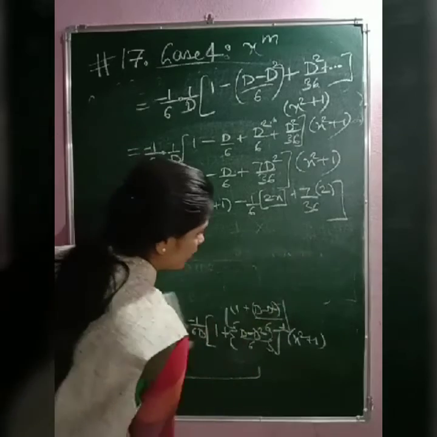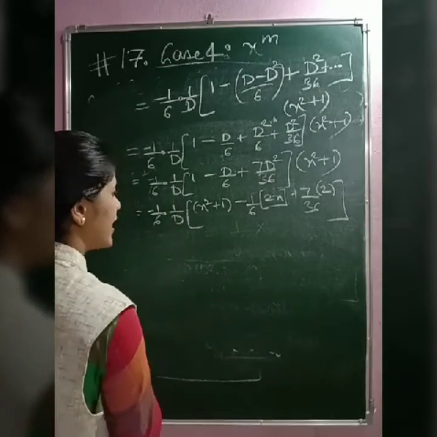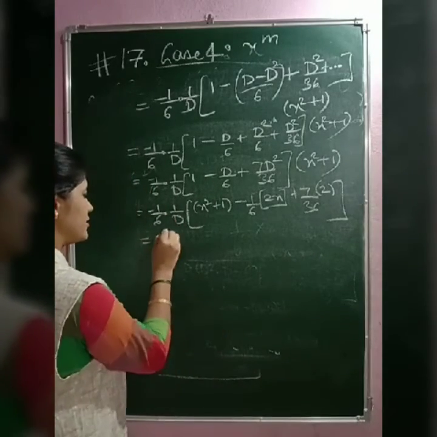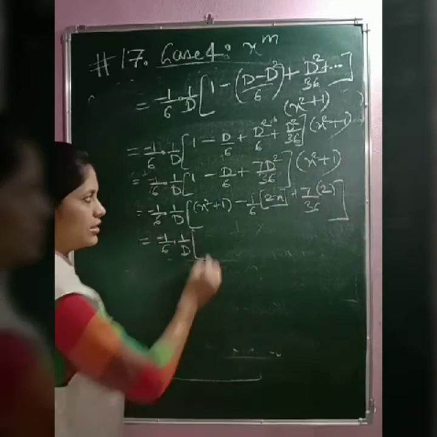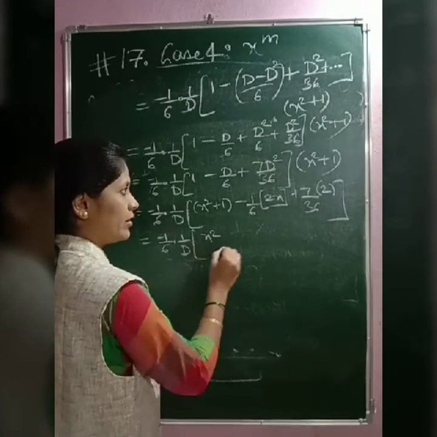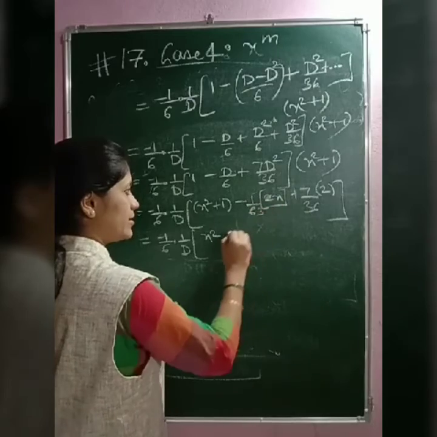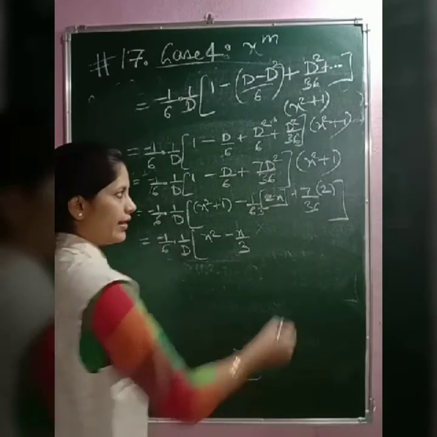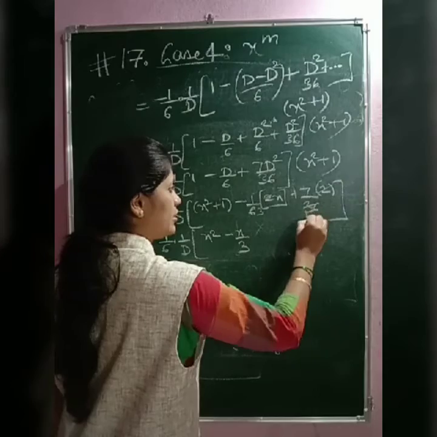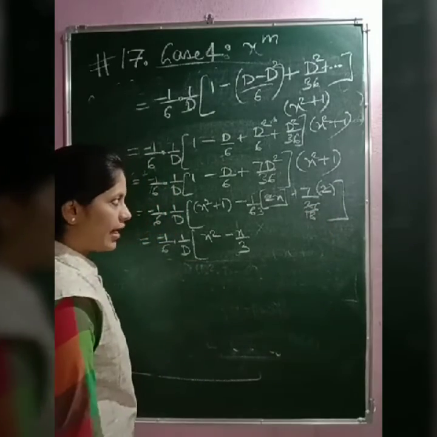Now what is the meaning of 1 by D? It stands for integration. Firstly, let us substitute and simplify this. So x square, next, 2 ones are 2, 3s are minus x by 3, next 2 ones are 2, 18s are, right?